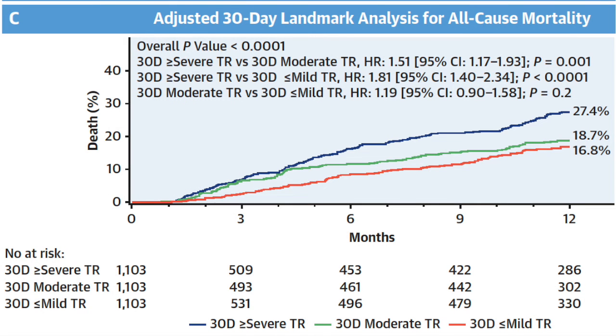And those who have severe TR, yes, they are the minority, but they have the highest mortality, even when you match for all of the other variables. So I think that this is an important finding, that we identified a group, those who have severe TR at baseline, and more importantly, those whose TR did not improve after TAVR, to be the highest risk for mortality up to 3 years.